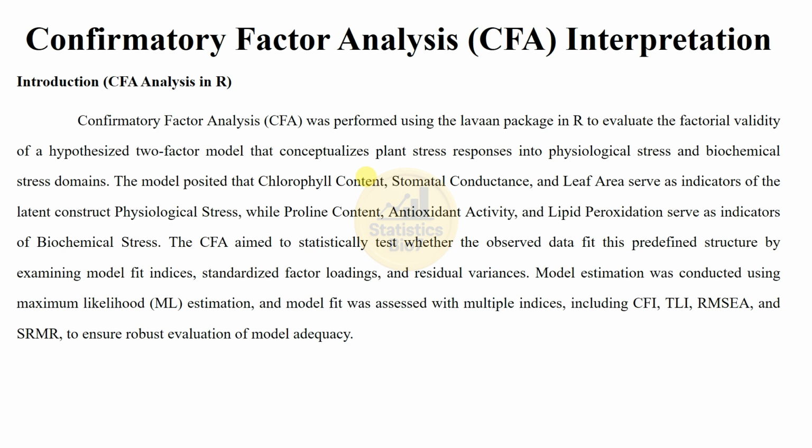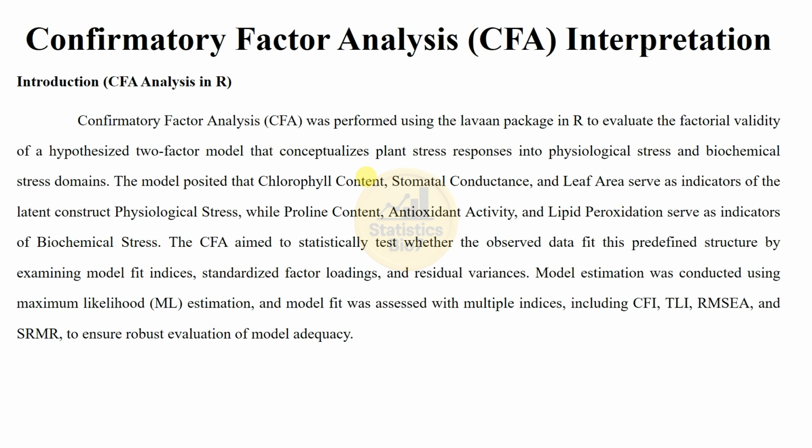The confirmatory factor analysis was performed using the lavaan package in R to evaluate the factorial validity of the hypothesized two-factor model that categorizes plant stress response into physiological stress and biochemical stress domains.